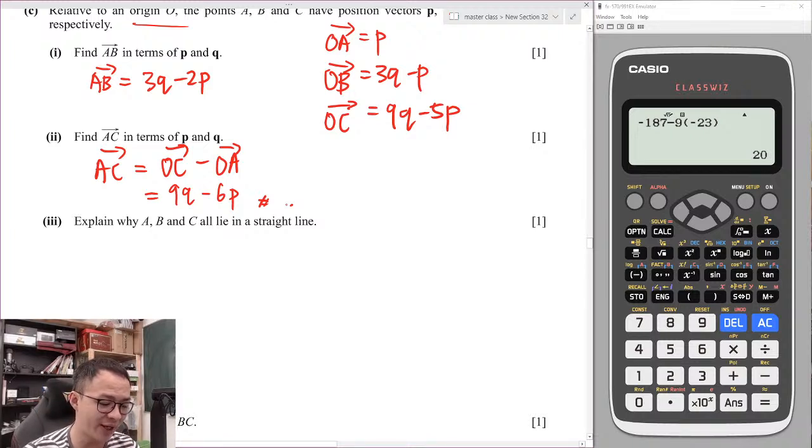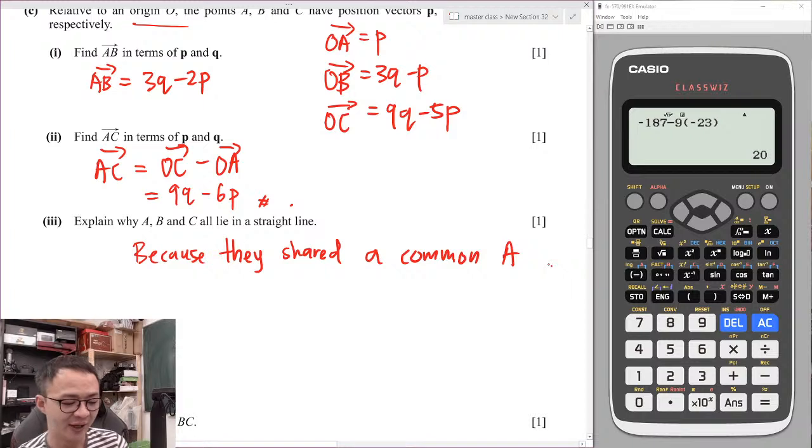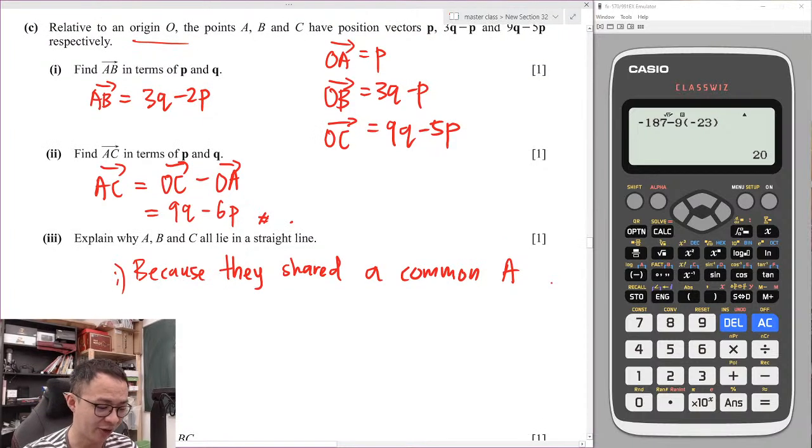And then explain why A, B and C lie on a straight line. You can say because they share a common letter A. Yeah, you can do like this. This is method number 1, or you can do method number 2. You can say AC is equal to 9Q minus 6P, and then you can factorize out the 3.